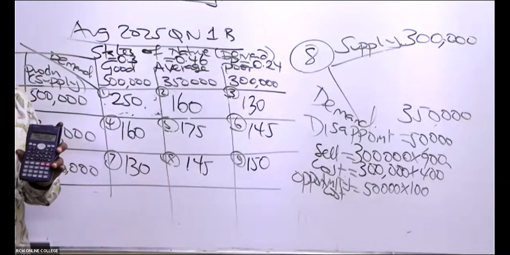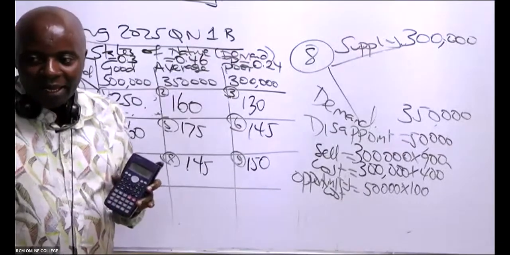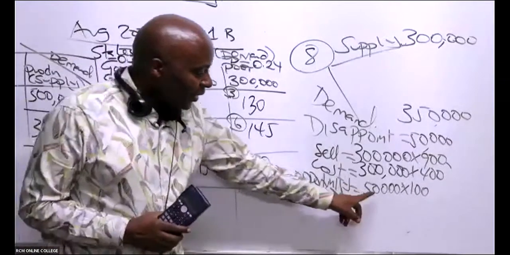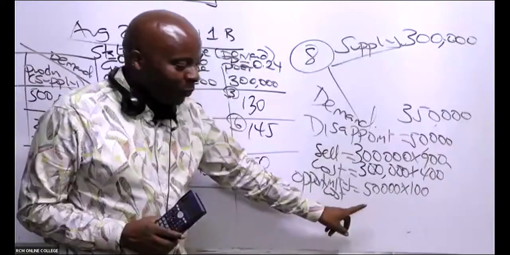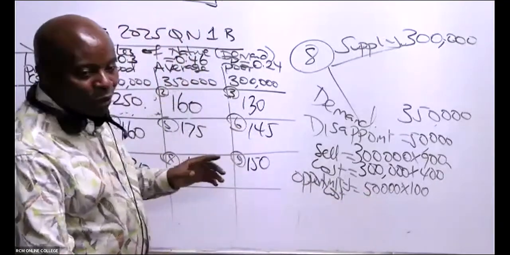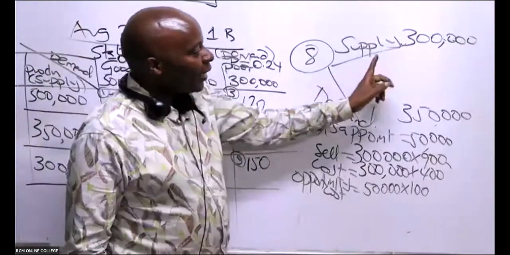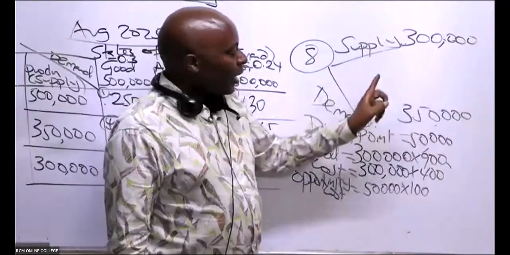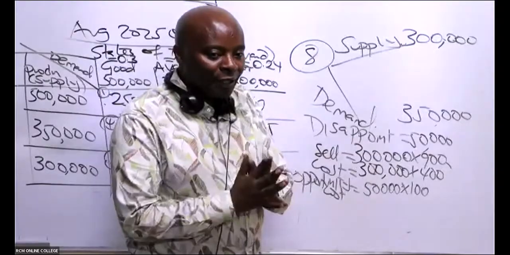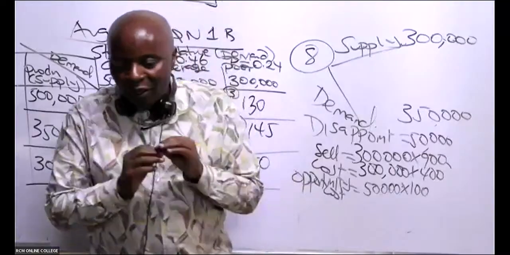I'm getting 145. How come they're getting 100? When you put 500,000, please don't do that. We are supplying 300,000. How many customers are coming to demand? 350,000. So how many customers shall we disappoint? 50,000, times the disappointment fee of 100.